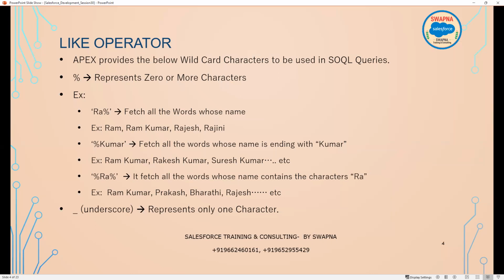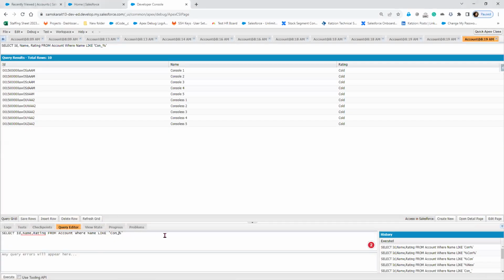Ma'am, can we provide as many underscores as we want, or is there any limitation? Yes, you can use many underscores. For example, let's say I'm going to remove the percentage and say here CON and execute. You can use more than one underscore.